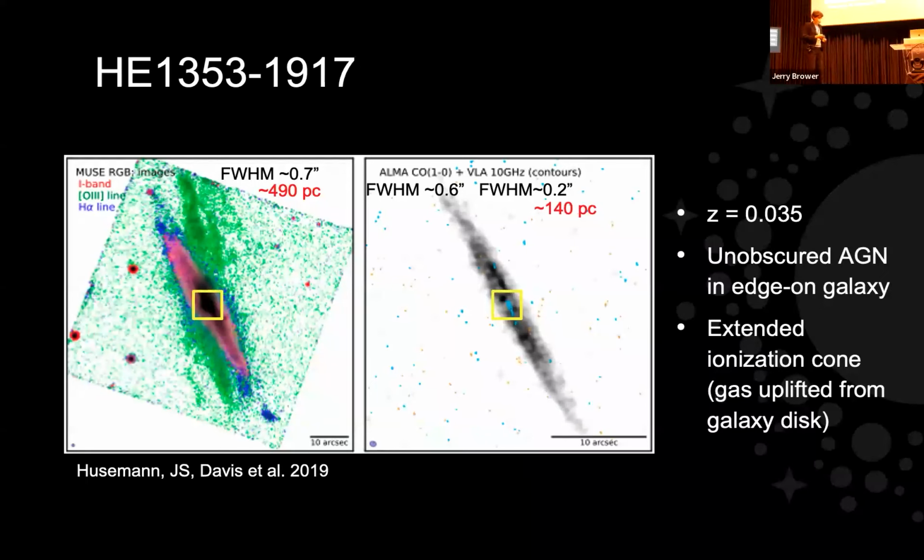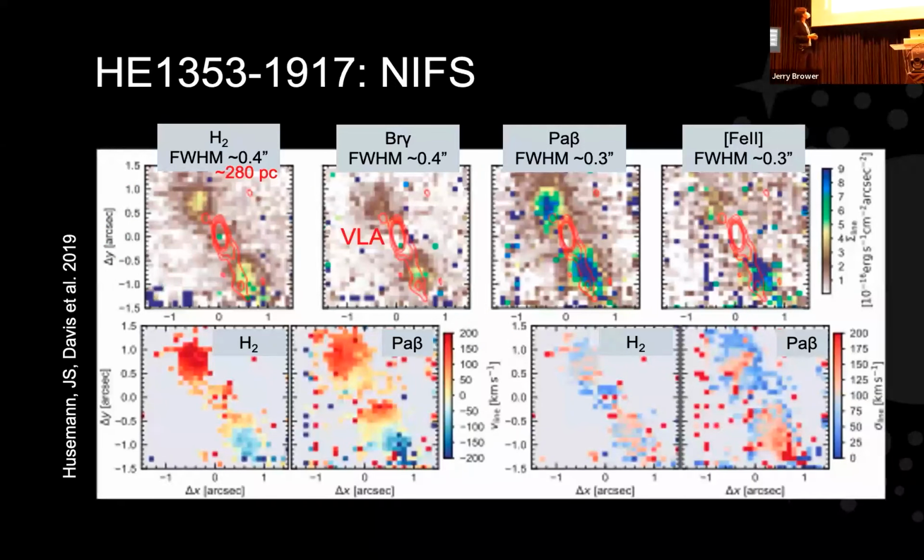And the NIFS data, interestingly, shows that all of the emission lines we have been detecting, Fe II was a bit faint to detect, but the Brackett gamma, Paschen beta, and H2 lines show like 2 off-nuclear emission peaks, which are about 0.6 kiloparsecs from the nucleus. And interestingly, the southwestern peak particularly aligns with where we see this elongation in the radio contours.